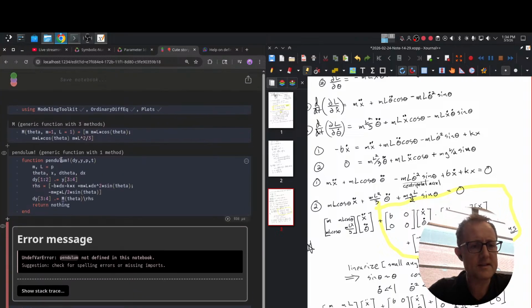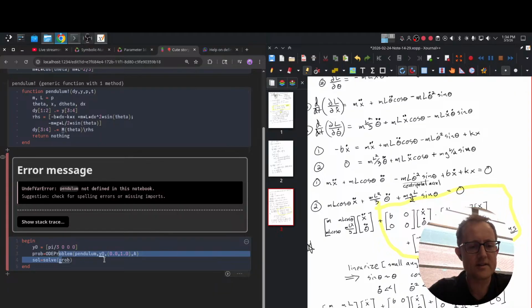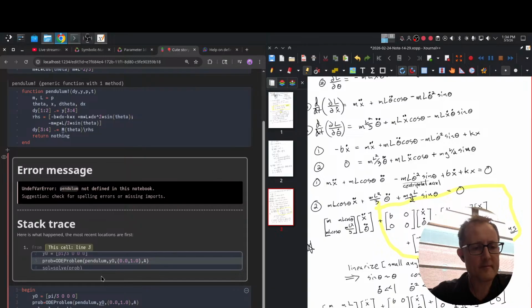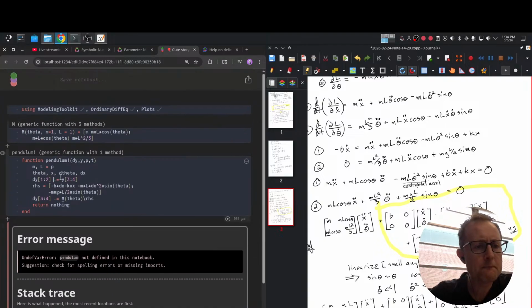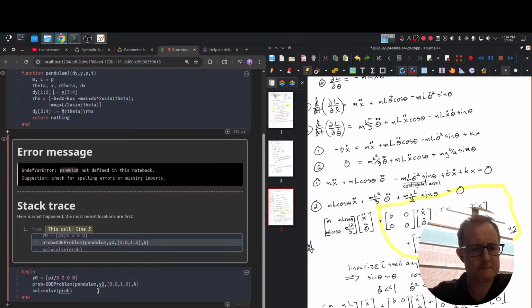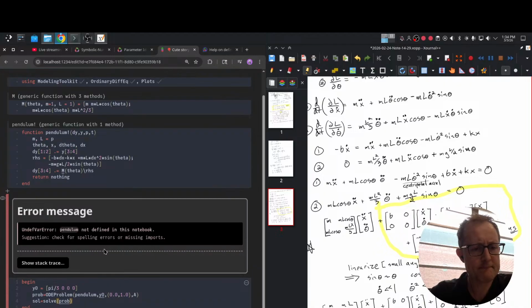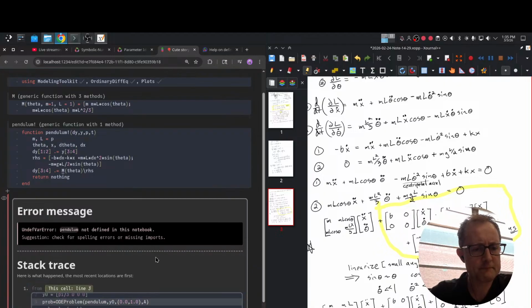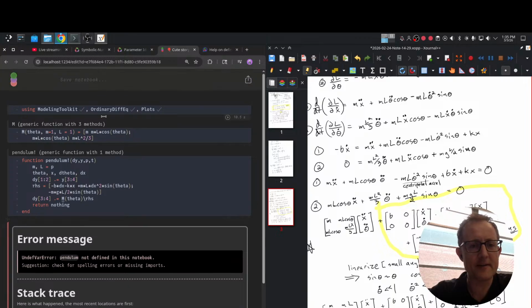Pendulum is definitely defined because I just defined it. Did I not? Did I make a typo? It's absolutely there. What am I doing wrong there?